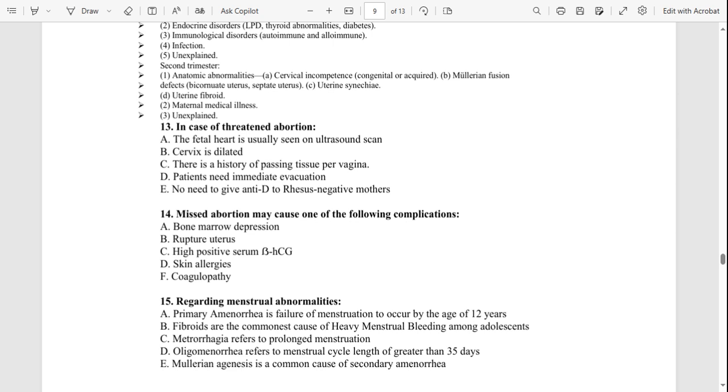So that is what happens because of the prolonged period of these contents, the products of conception, of a dead embryo or fetus. They are still there for a long time. The body responds by producing these thromboplastic substances.